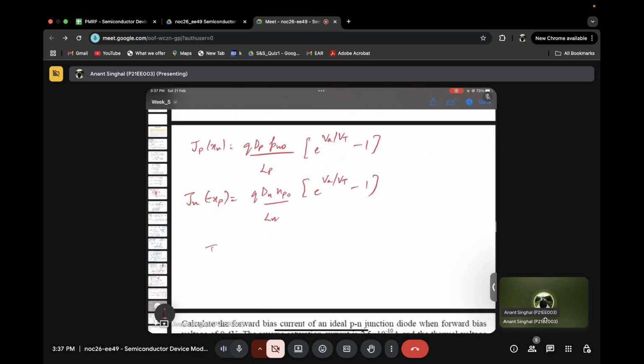And your current density will be nothing but the sum of these two. So it will be q, exponential of Va by Vt minus 1, times Dp p_n0 over Lp plus Dn n_p0 over Ln.